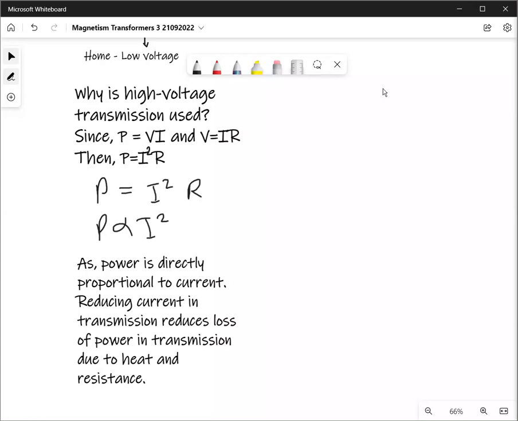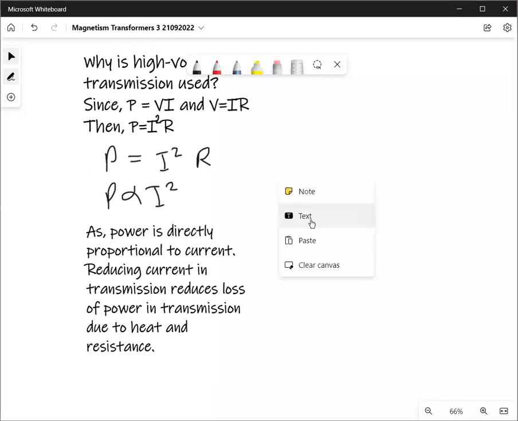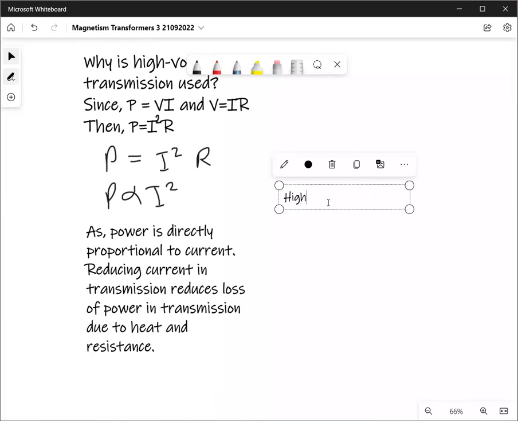So what is the cause of heat and resistance? The high energy, the high voltage. No, wrong answer. High current causes heat and resistance. High current causes loss in power due to heat and resistance.